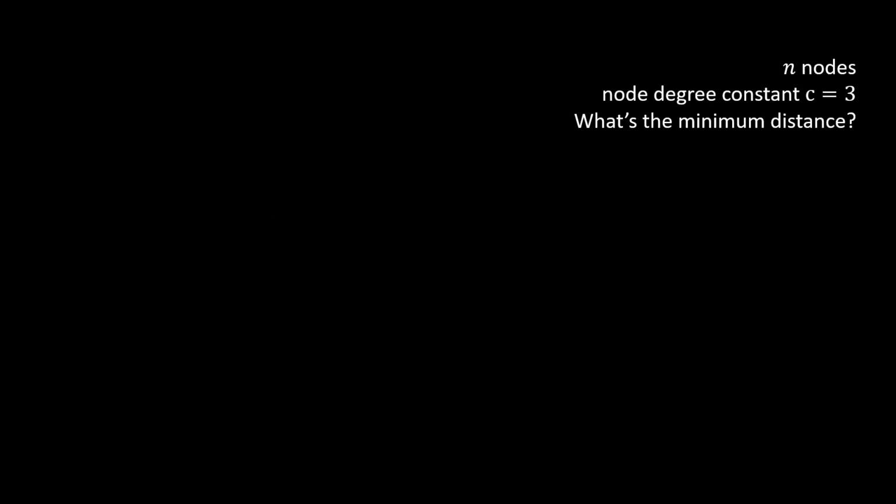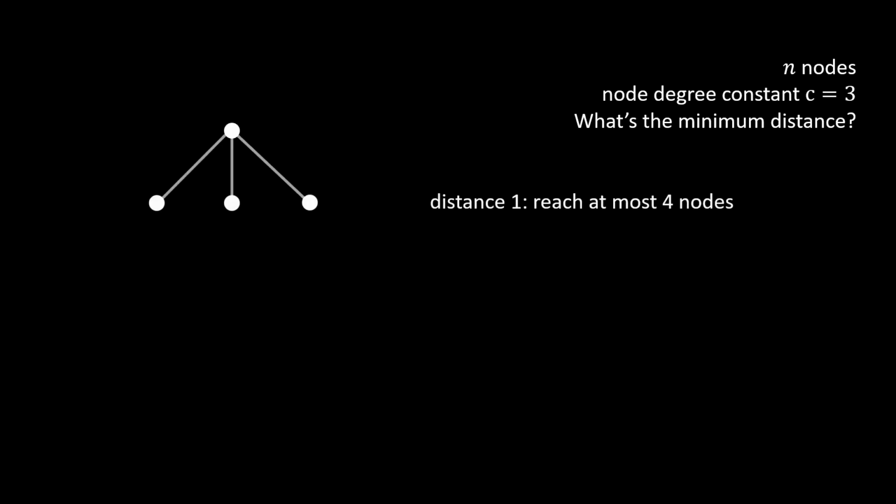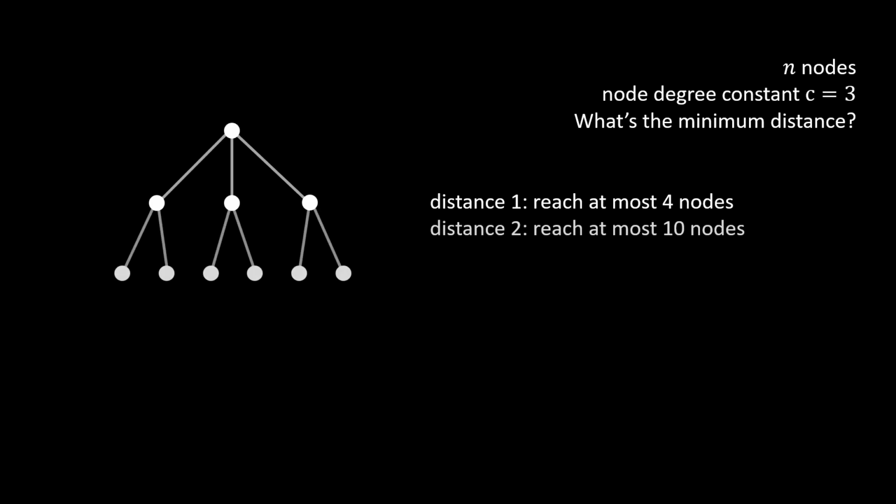Assume we want to have a network with n nodes, and all nodes should have a small constant degree, for instance 3. What's the minimum distance we can achieve? Let's start out with a single node. If the network has degree 3, this node can at most be connected to 3 other nodes, so with distance 1 in total we can have a network with at most 4 nodes. If we can have distance 2, we can at most reach 6 more nodes, in total 10.